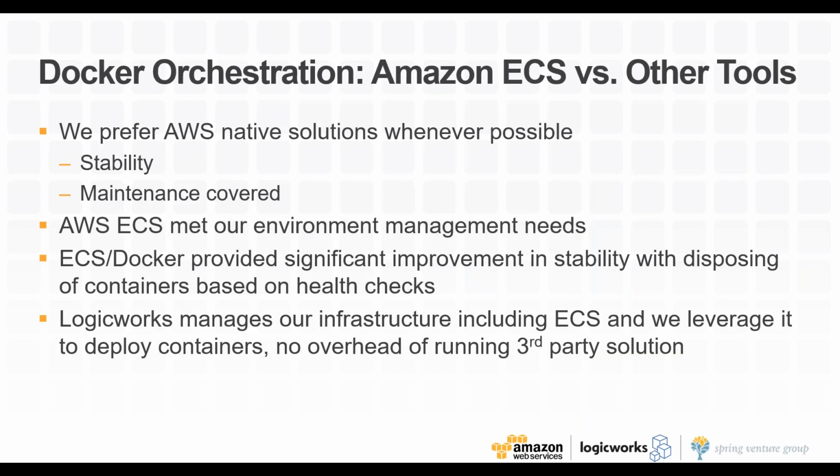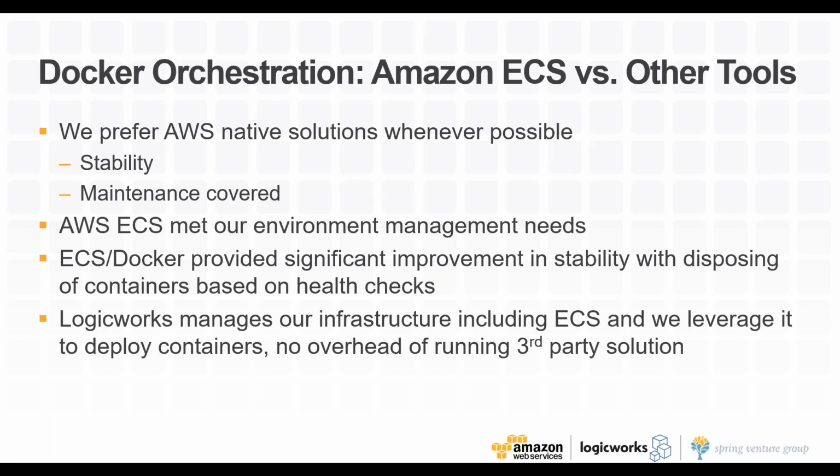So for Docker orchestration, there are many different options out there. We chose Amazon ECS for our orchestration, and we made a conscious decision when we moved towards AWS. We made an investment in it, and we wanted to make sure we leveraged AWS native solutions wherever possible. Again, back to that, we wanted to focus on the development, not the operations.